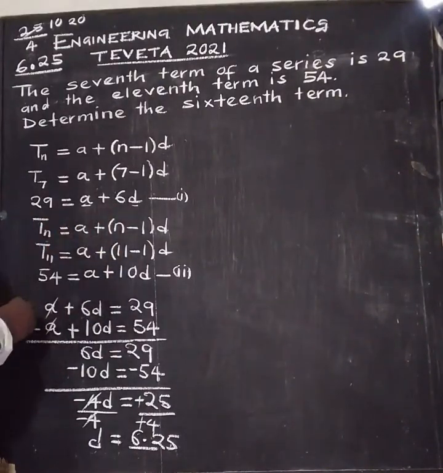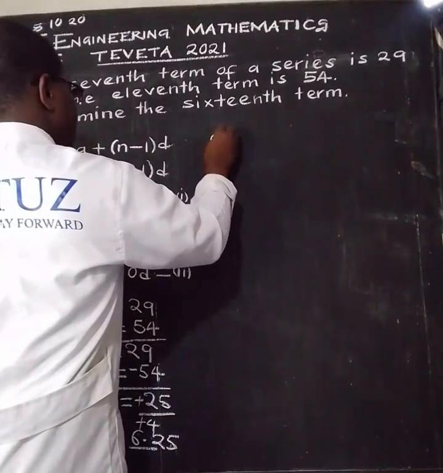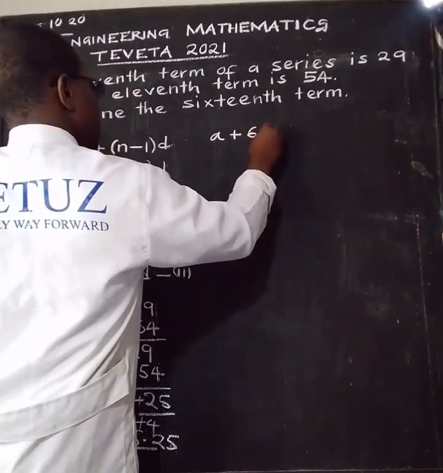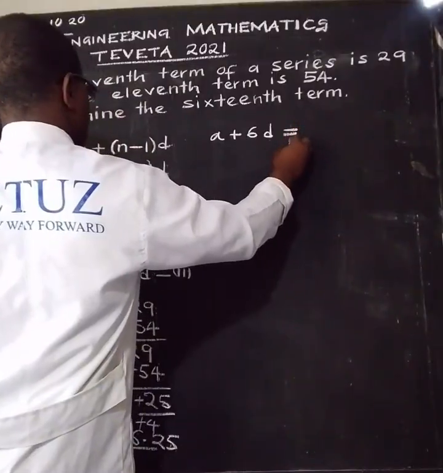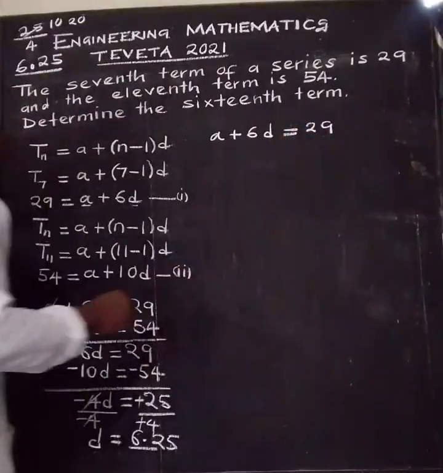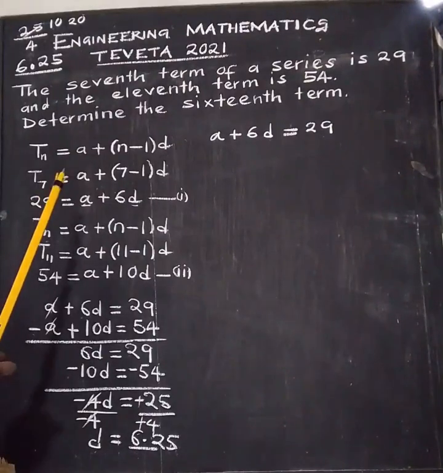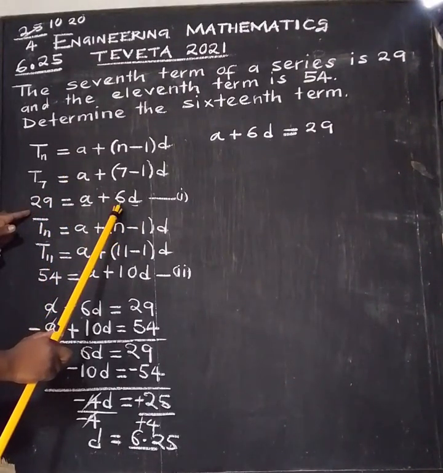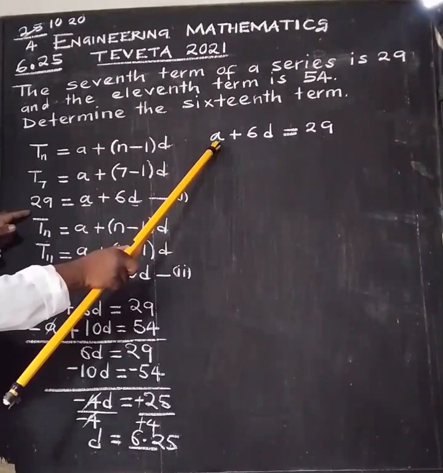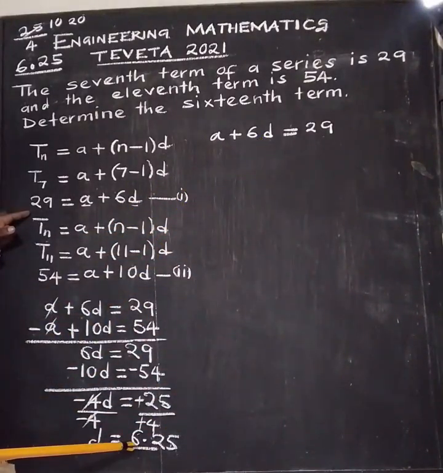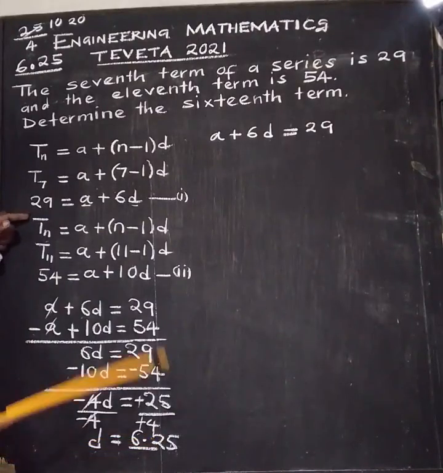This first equation is a plus 6d is equal to 29. Now, since we want to find a, where there is d, we are going to substitute with 6.25.